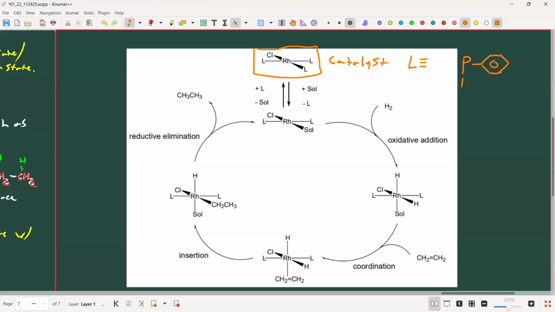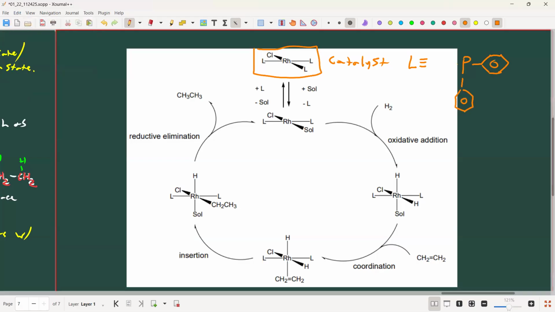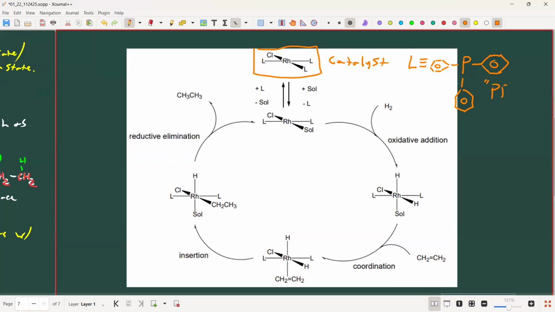That's a really classic phosphine ligand for this reaction. It's called triphenylphosphine. You can buy it at Aldrich. It's called PPh3. Typically that's the one that we use, but there are other types of catalysts, and people make their own depending on what they want to do.